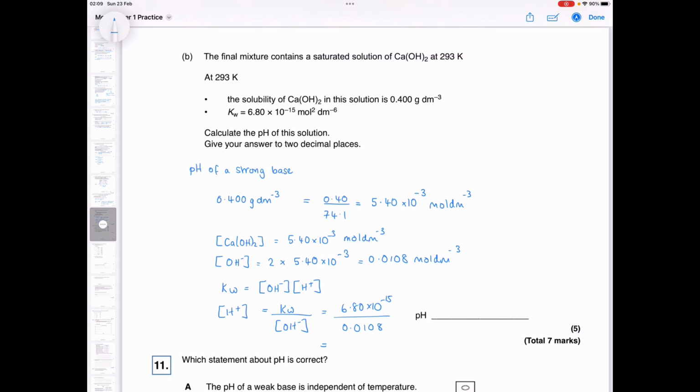So look, I'll do it in my calculator rather than in my head. 6.8 times 10 to the minus 15 divided by 0.0108.